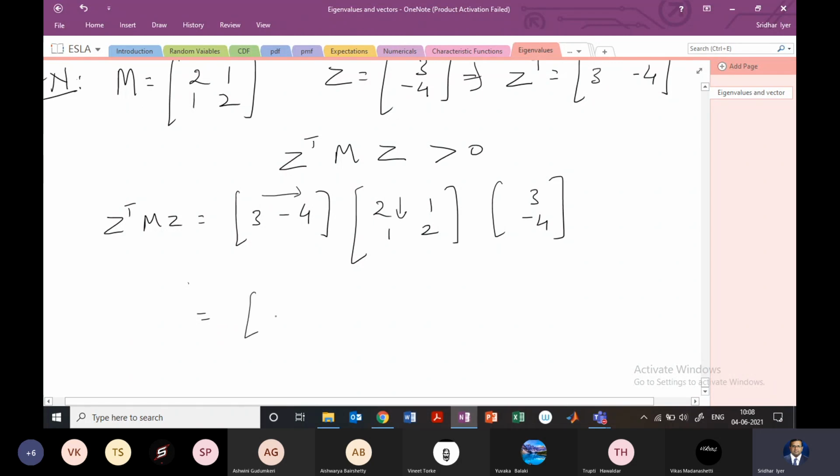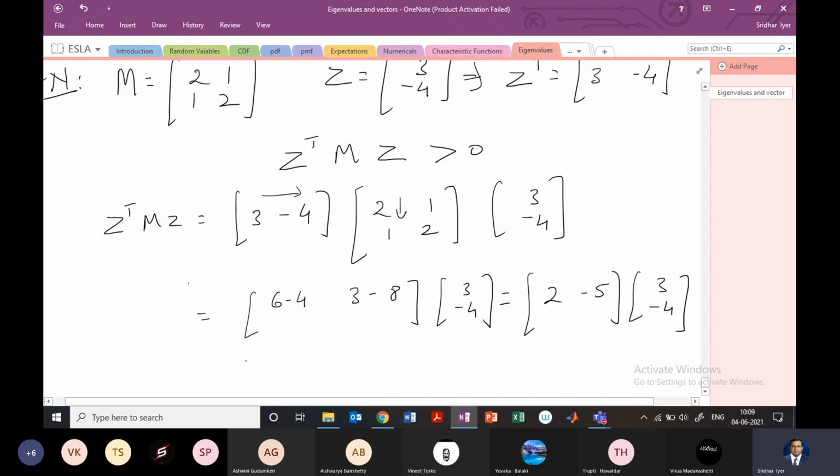So what we'll get is [6 minus 4, 3 minus 8], and this will multiply with [3, -4]. So this will be equal to [2, -5] multiplied with [3, -4], and this will turn out to be 2 into 3 is 6, and you have minus 5 into minus 4, which will be plus 20.